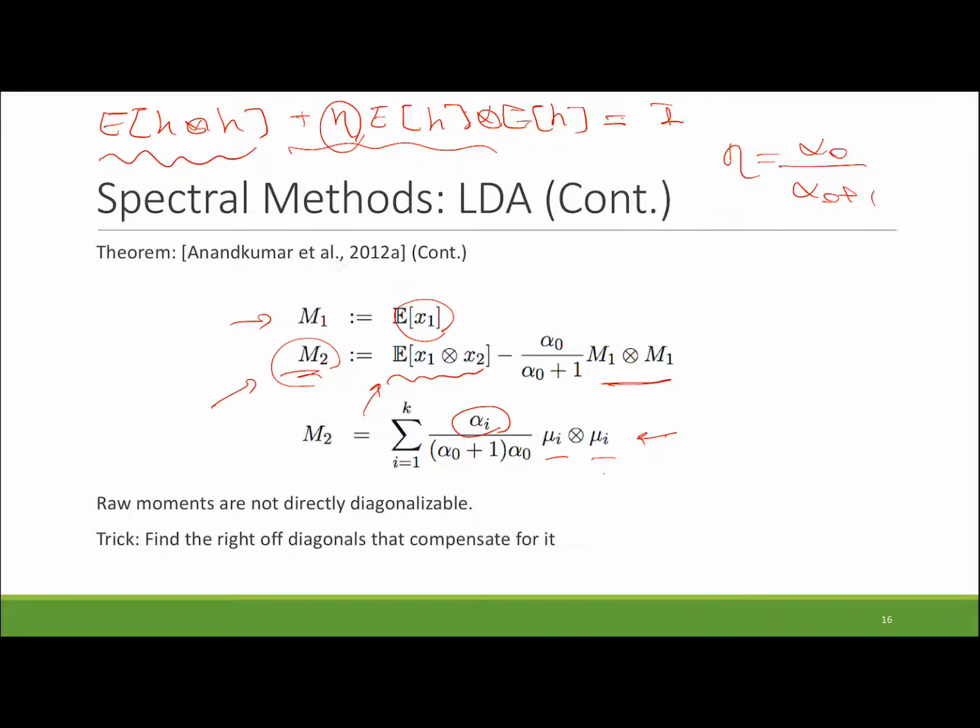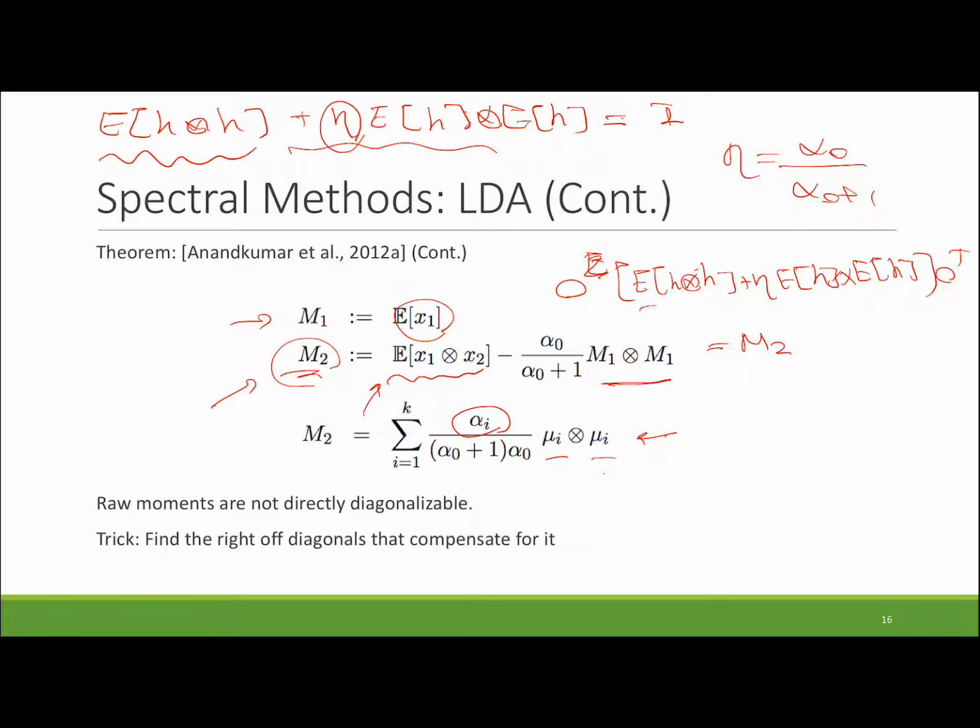So can you tell me why M2 should have this property? Why did we add this correction? Observe that we have this E of H cross H plus eta E of H cross E of H. If you multiply this with O from the left and right, this is going to be M2, right?